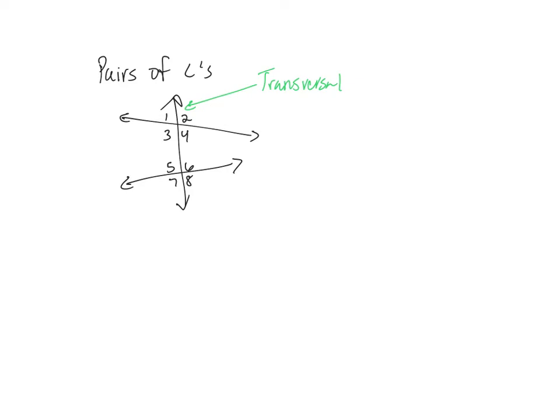Okay, so first we have corresponding angles, and this is the one that you kind of need to, the name of the angle doesn't necessarily, well, I'll show you what it means here in a second.